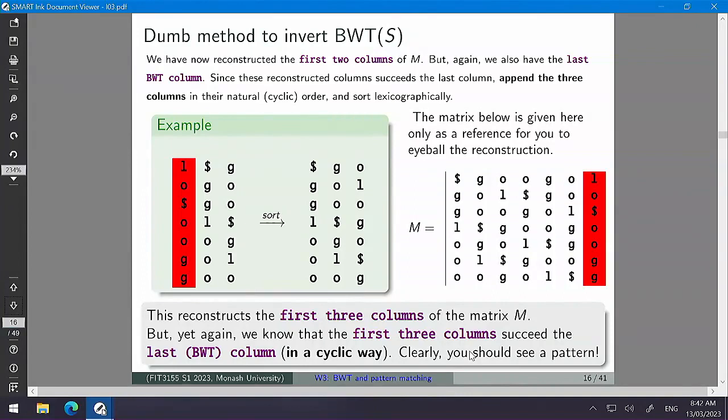Now, what is the original string? Look at the first row of your cyclic permutation. It will be dollar followed by the string. The original string is Google. That will be the first row of whatever I've recovered. Okay? You see that? Instead of dollar being at the end, it's at the start, but we can easily look at the first row and put the dollar at the very end anyway.